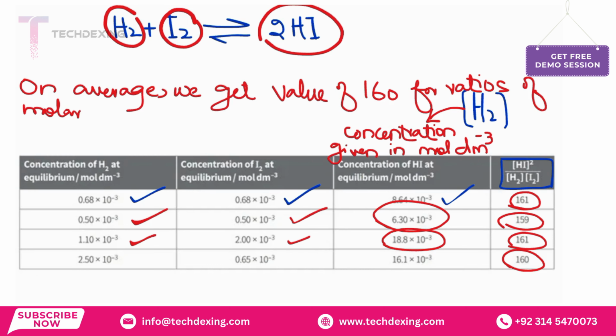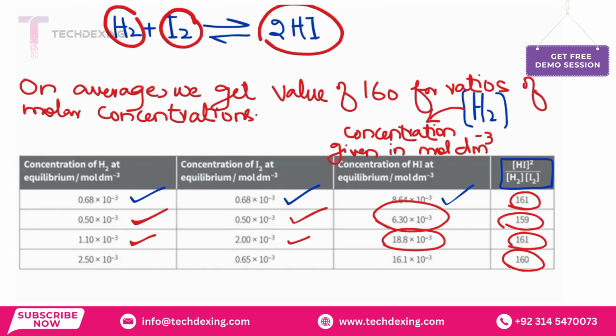Got it? So at same temperature and pressure, as the position of equilibrium always remains the same, no matter what your initial concentration of reactant or the product is, the relative ratios of molar concentration would always remain the same.